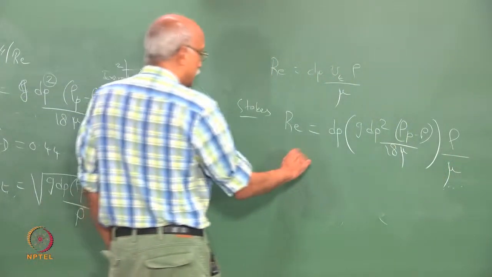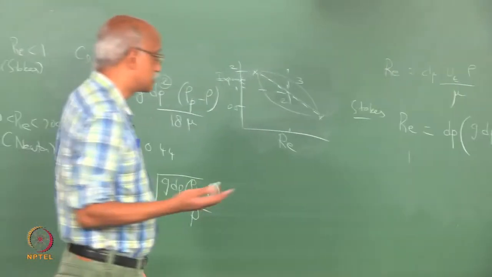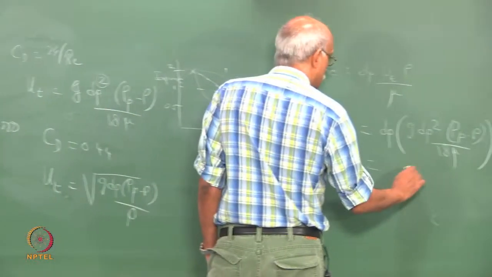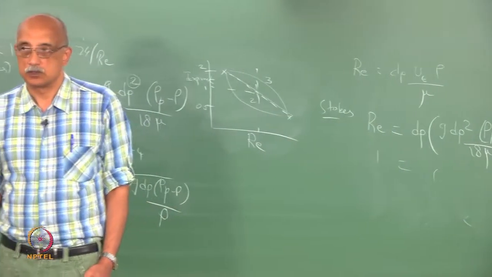If Reynolds number equals 1, that means you are in the Stokes regime, right? So just equate that to this and try to figure out what this means.